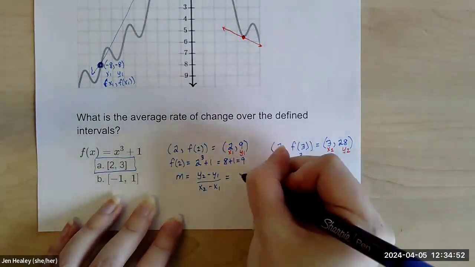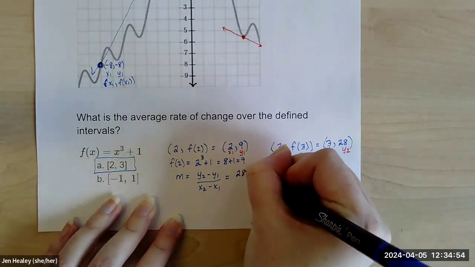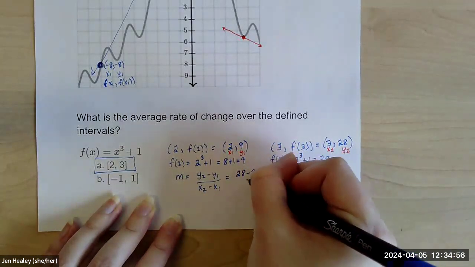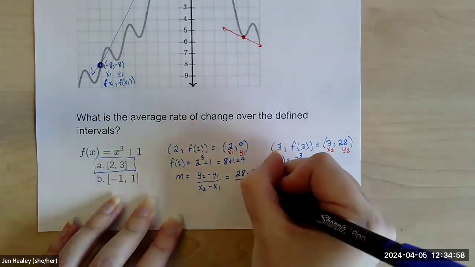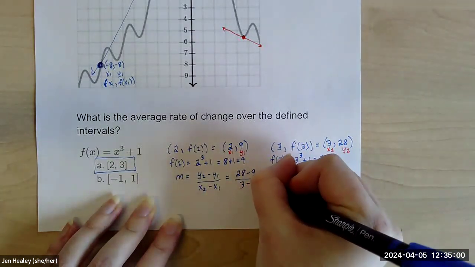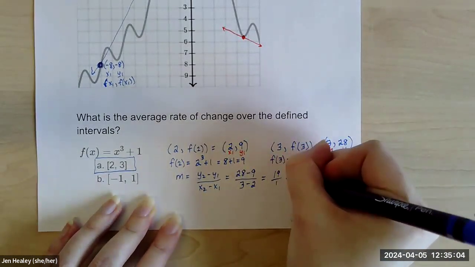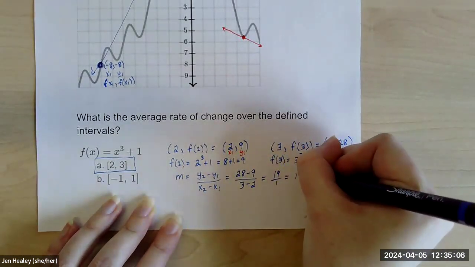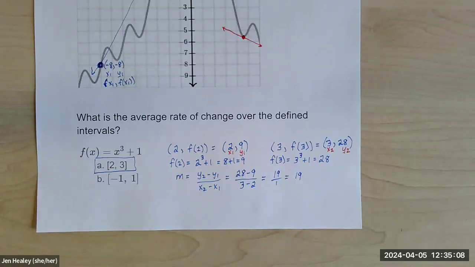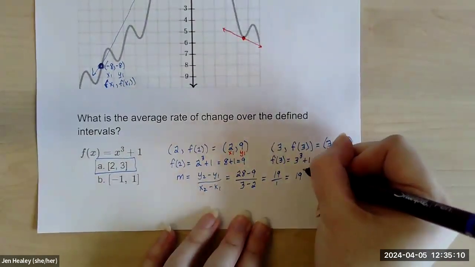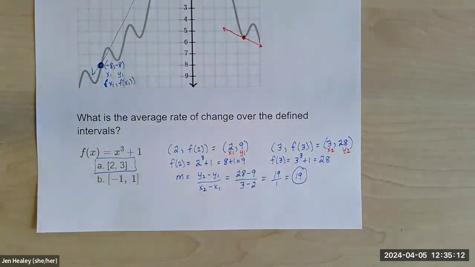So 28 minus 9 over 3 minus 2, which is just 19. So that's our answer to part A.